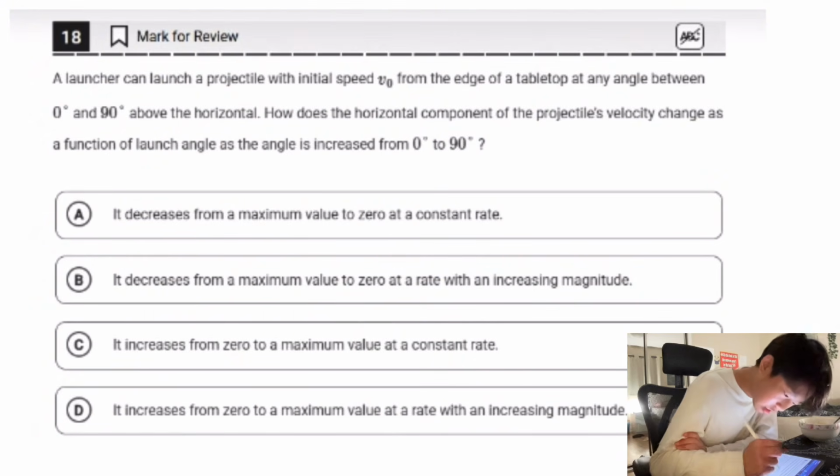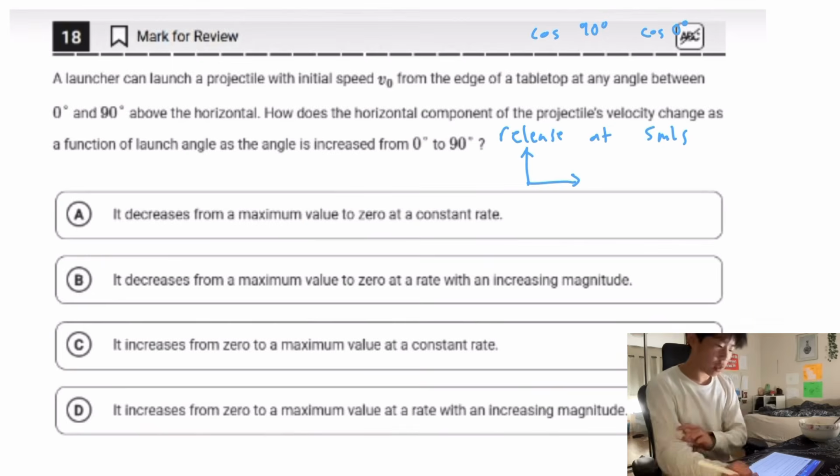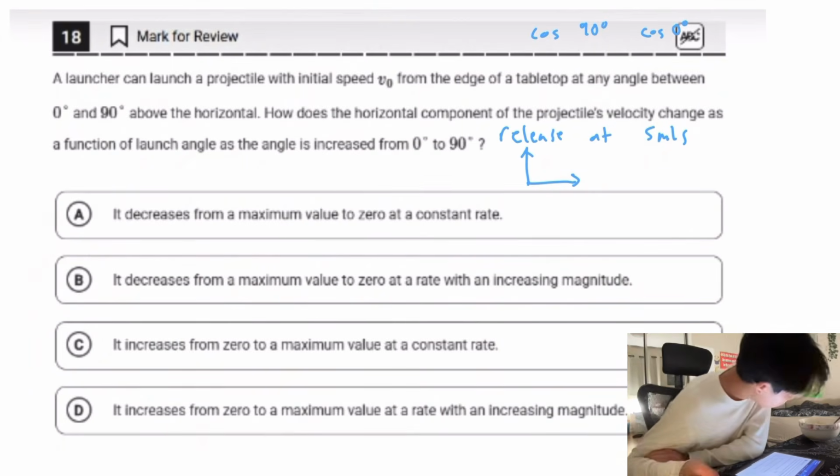So basically, let's say you release at 5 meters per second. When you release it 90 degrees up, it's going to be cosine 90 degrees. And when you release it 0 degrees, it's going to be cosine 0 degrees. So cosine, what does it start off with?